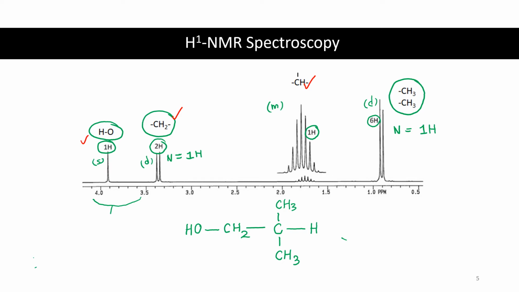They are both attached to this carbon, and that carbon has one hydrogen, and on this side a CH2OH group, so they're chemically equivalent. And then it has this immediate carbon neighbor that has only one hydrogen. That would cause that peak to split into two, so it makes sense.